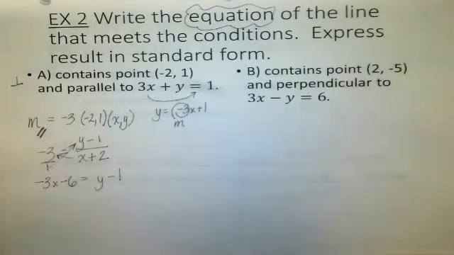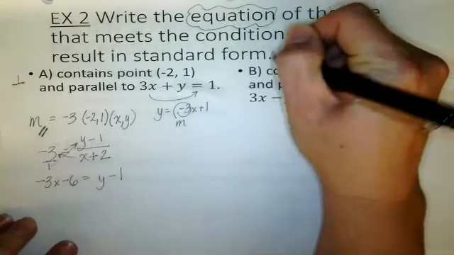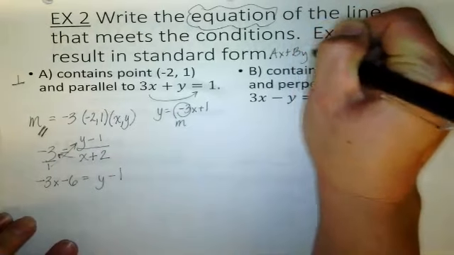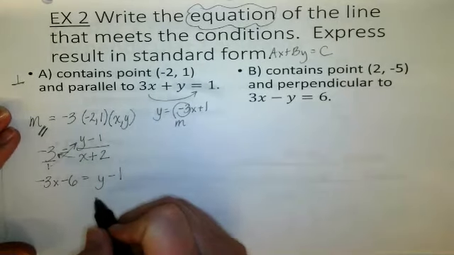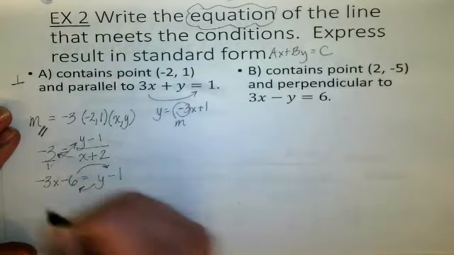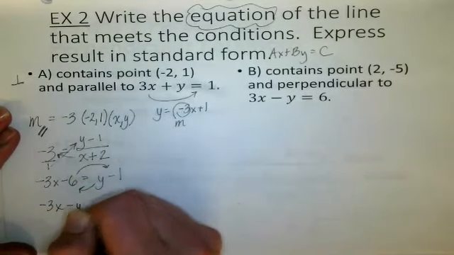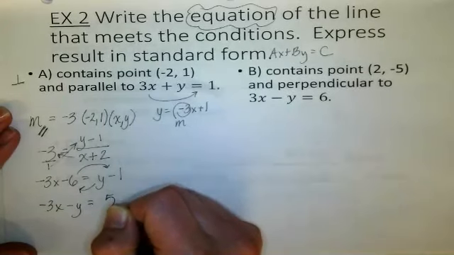Good. And then write the result in standard form. So ax plus by equals c. So x's and y's on the same side. All right. So I'm going to do what? Add the 6 and subtract the y. So -3x minus y equals? +5.